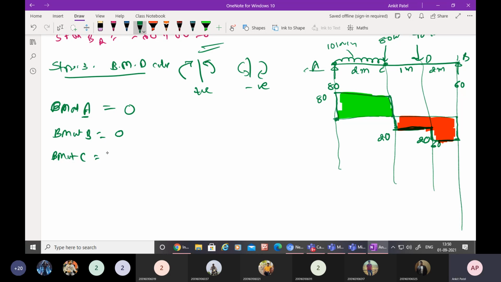Bending moment at C, give me the answer. Quick. You need to use force 80 into distance. Very good, 80 into 2. This is matching with your section over here, and it will rotate like this. So this is matching with the positive sign, so this one is positive.